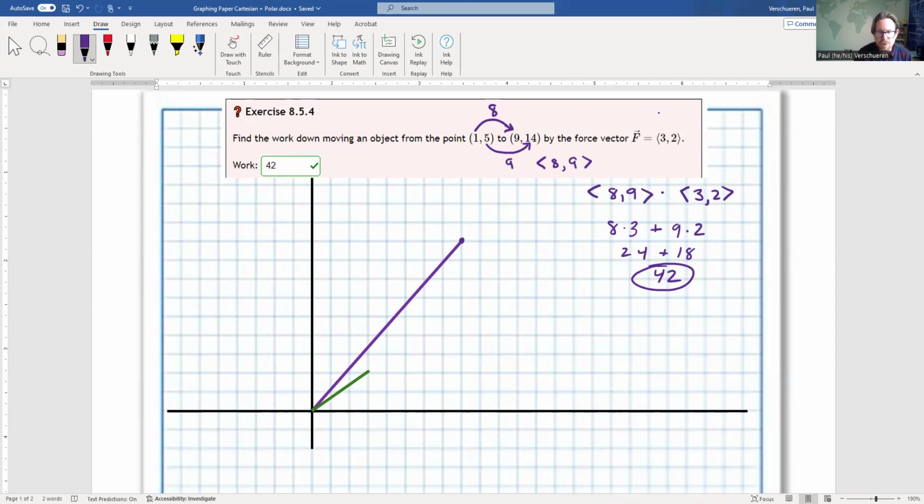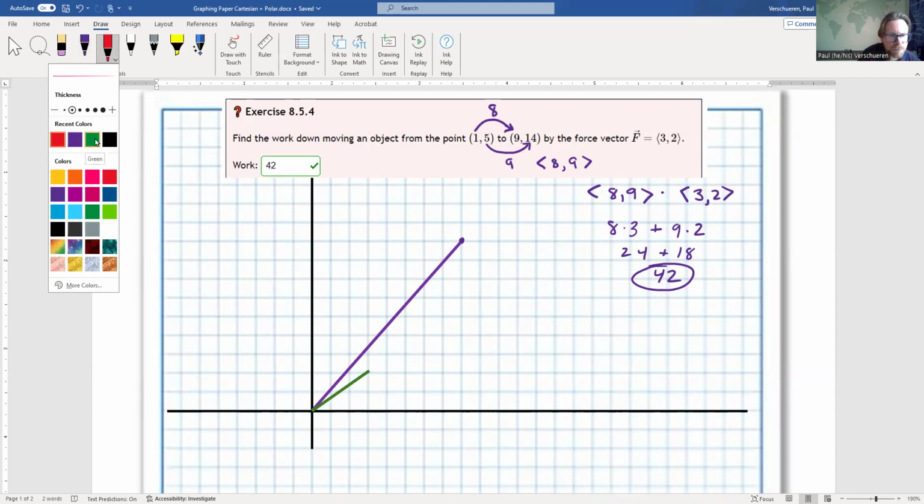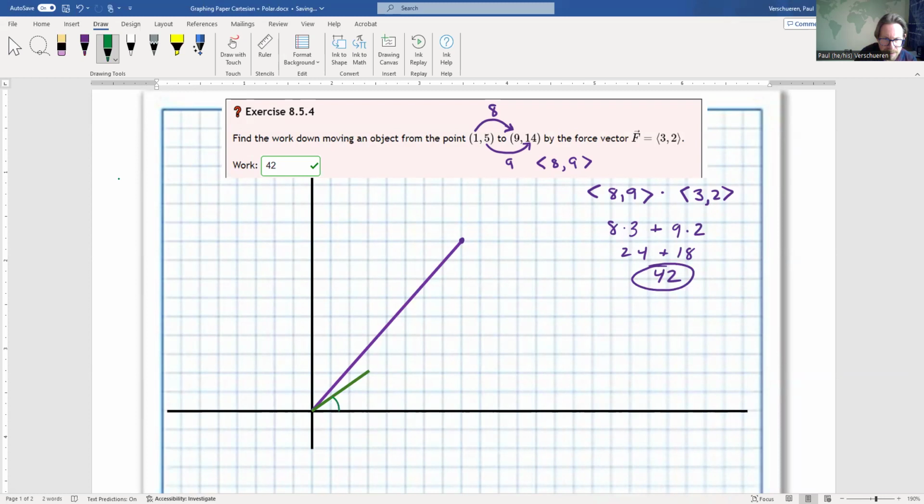So first thing I'm going to do is just find out what angles and magnitudes I'm working with. As far as angles go, I want to know what this angle is, and I want to know what this magnitude is. So that's pretty simple. This is 3, this is 2. So this is going to be the square root of 13, and it's between 3 and 4.